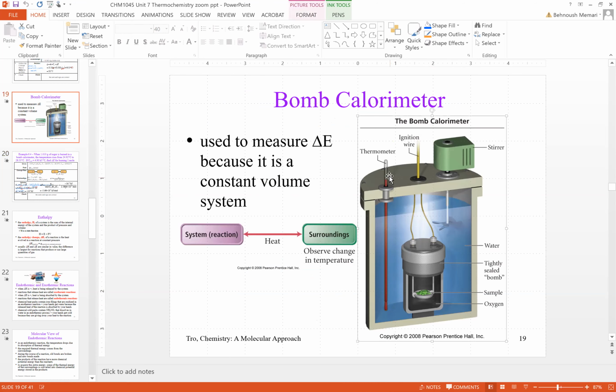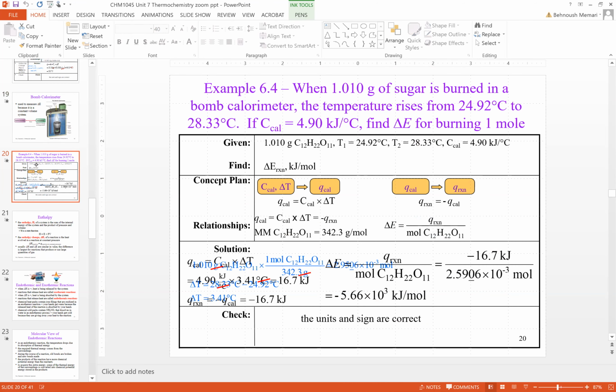The higher the temperature goes up, the more energy has been released. So in order to calculate how much heat has been released, in this case you have the mass, 1.1 gram of sugar burned in a bomb calorimeter. The temperature rises from 24 to 28.